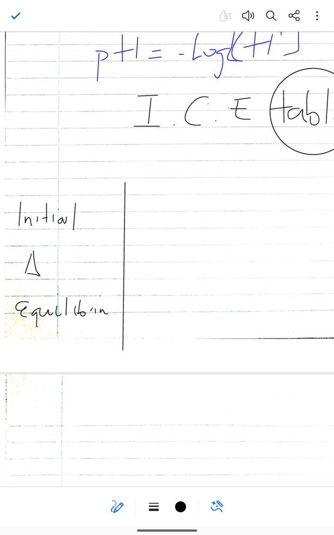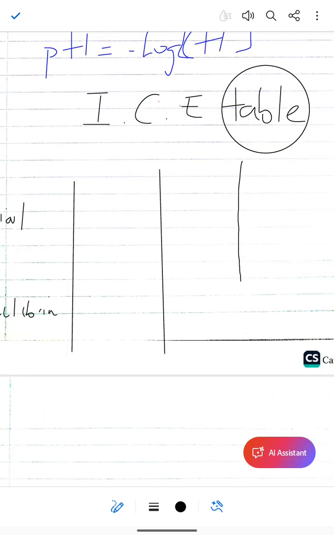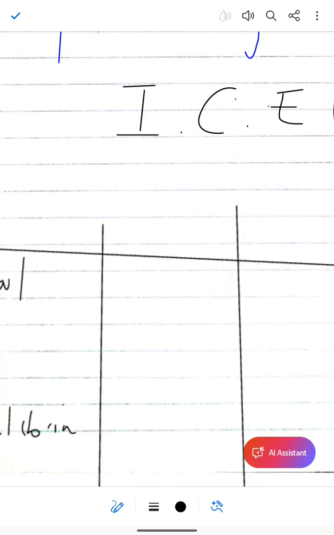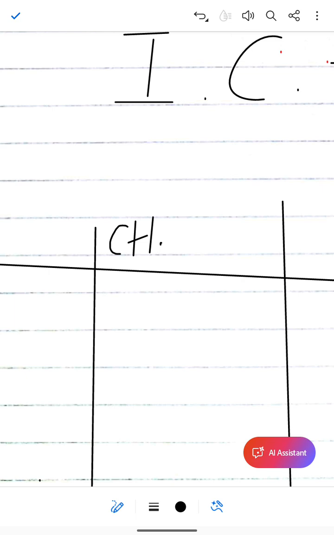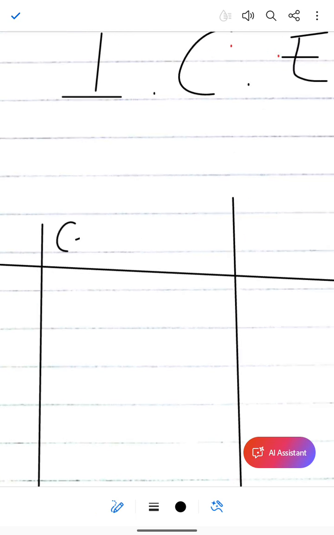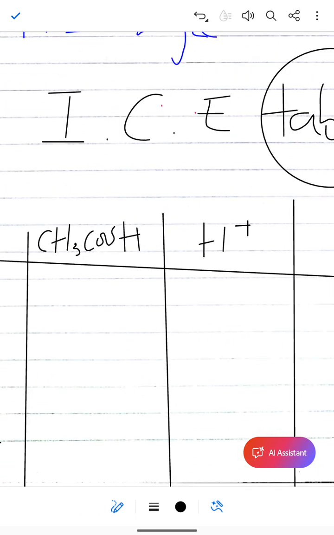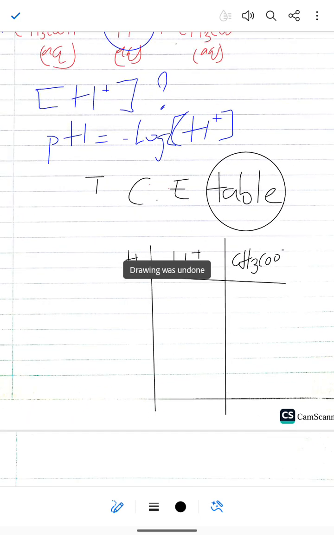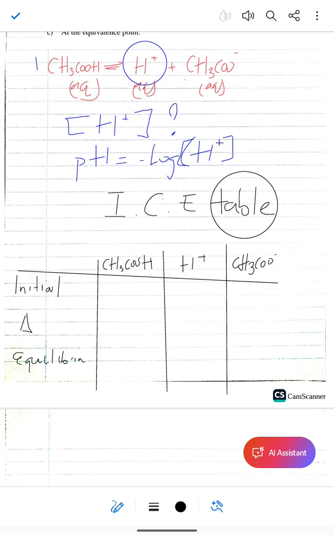And then this one is for the acetic acid itself, then the H plus ion, then the acetate ion. So now I need to fill in my table.